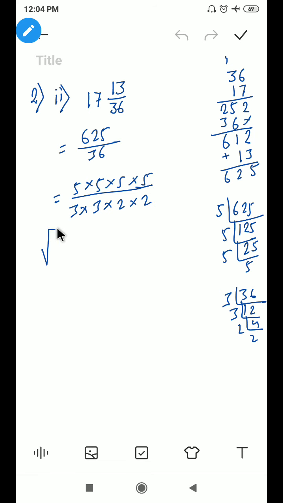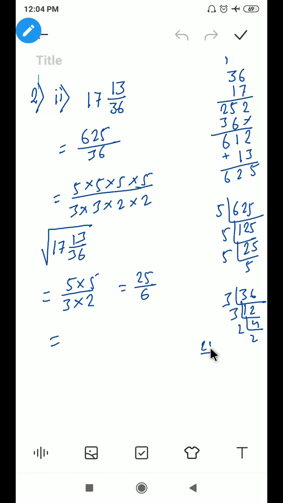So the square root of this number: from the 5s, 5 into 5 comes out, from the 3s, one 3 comes out, and from the 2s, one 2 comes out. So this will be 25 by 6. If you convert this again to a mixed fraction, 6 times 4 is 24, 1 is left, so 4 whole 1 by 6.